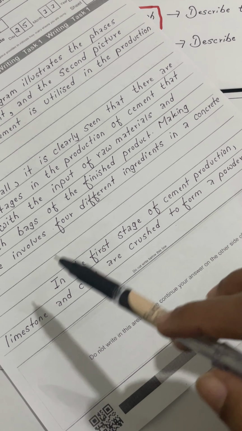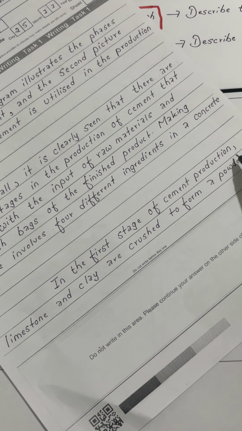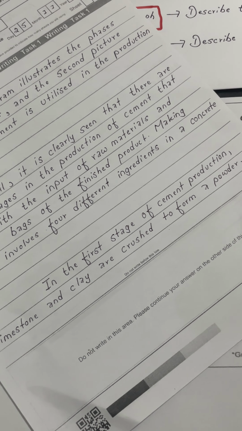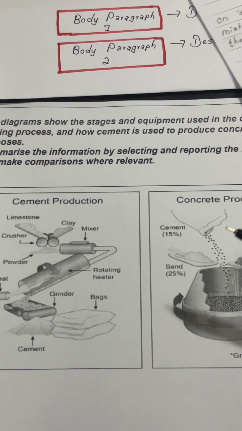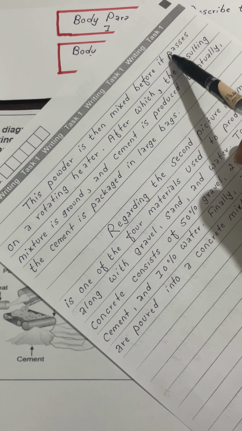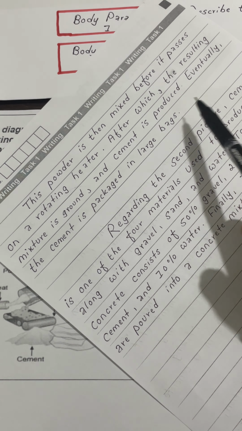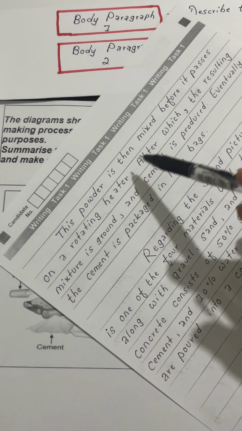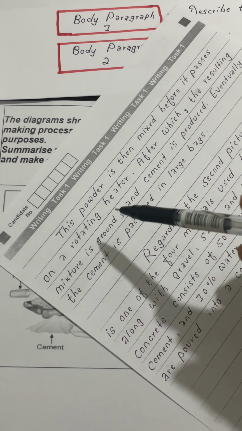Here I have written, in the first stage of cement production, limestone and clay are crushed to form a powder. You can see the powder in the picture. This powder is then mixed before it passes on to a rotating heater, after which the resulting mixture is ground.